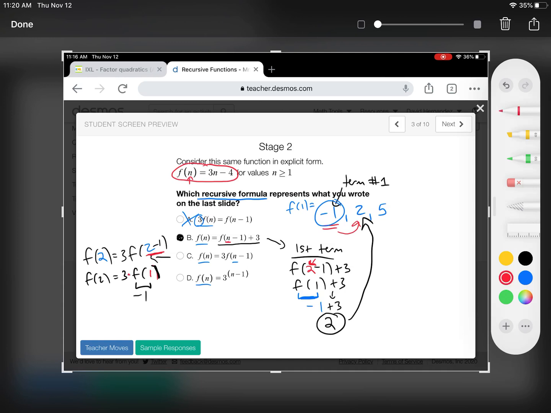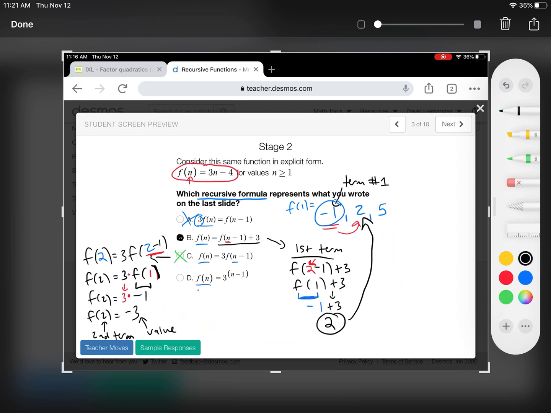But notice this 3 is multiplying here. So we're going to bring down that 3 and multiply it by negative 1. And 3 times negative 1 is negative 3. So I'm just going to bring the equal sign down, f of 2 down. So this is saying the second term has a value of negative 3. Well, actually, that's not true, right? Because we see that the second term should have a value of 2. So it cannot be negative 3. So this is wrong, okay?